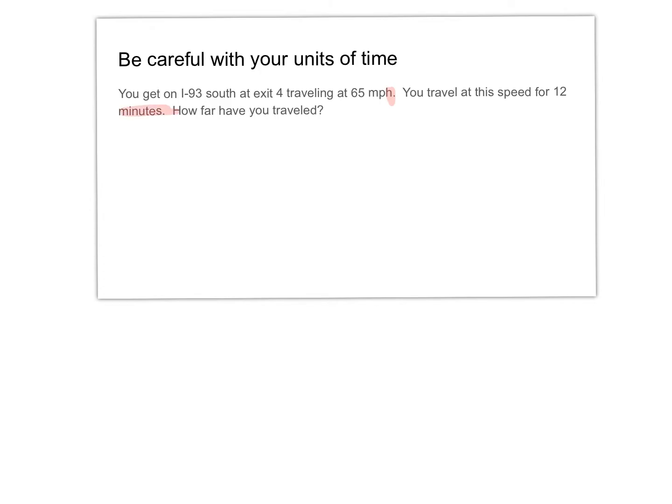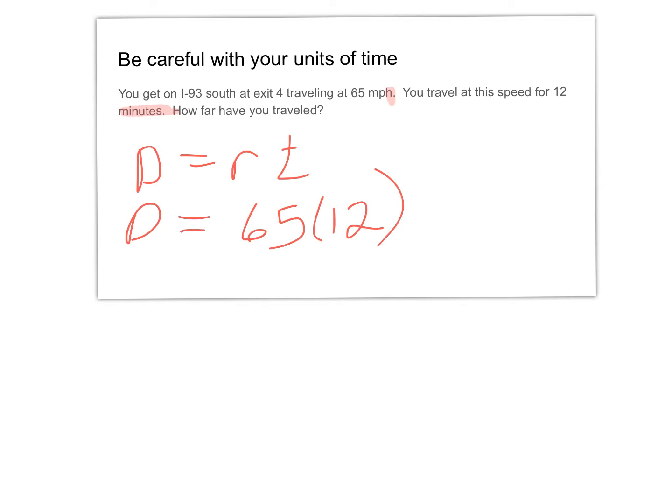I gave you the units in minutes. So here's what students normally do. Please don't do this, but I'm just going to show you. D equals RT. So they say, okay, distance is equal to 65 times 12. And then they break out their handy-dandy calculator, and 65 times 12 is going to be 780 miles.